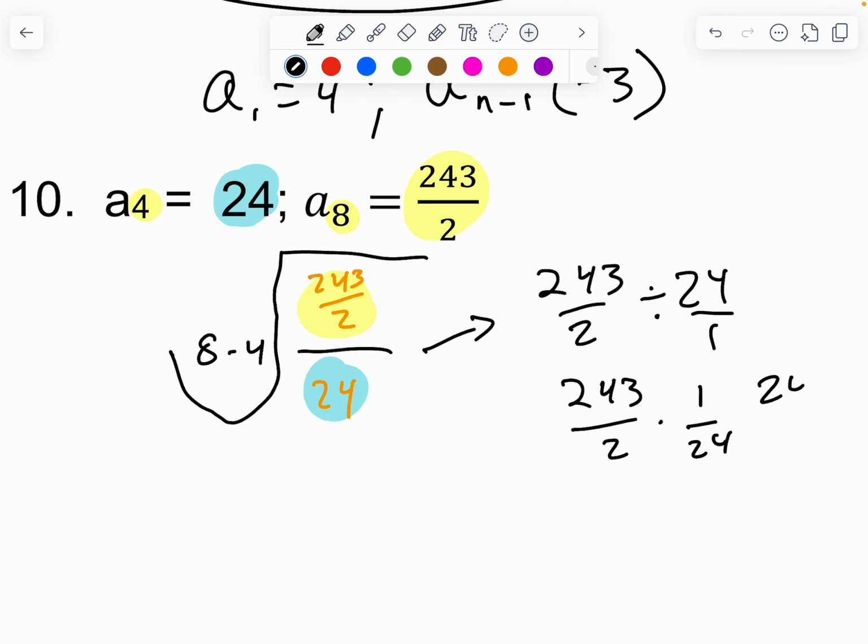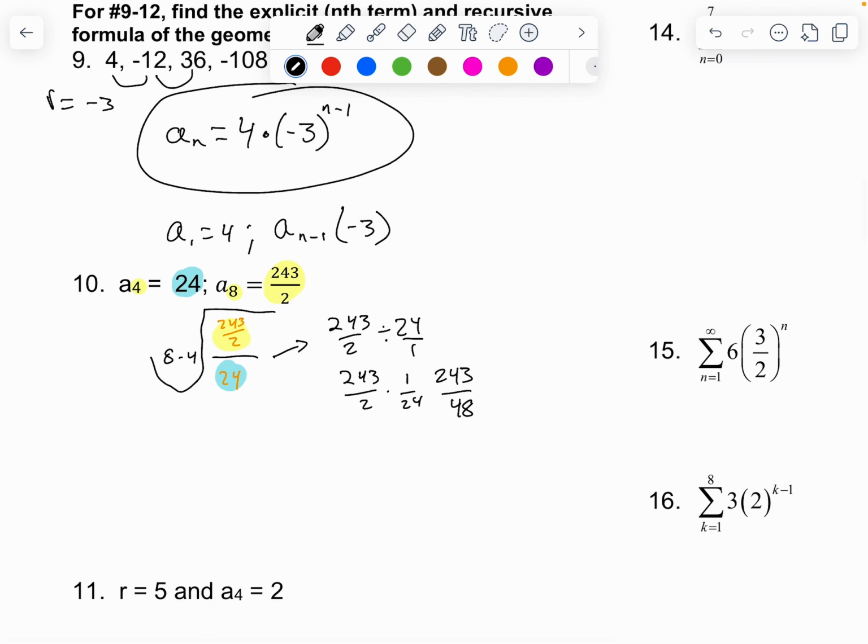It's just 243 over 48. I'm missing something here.